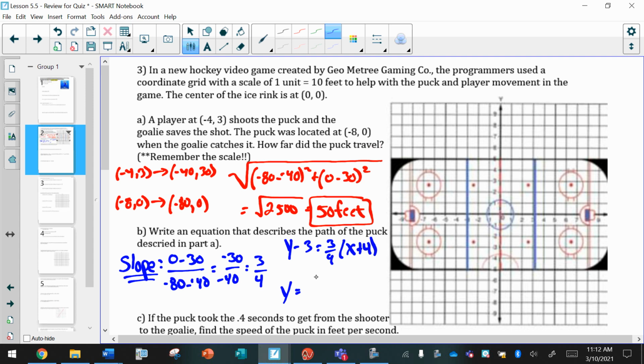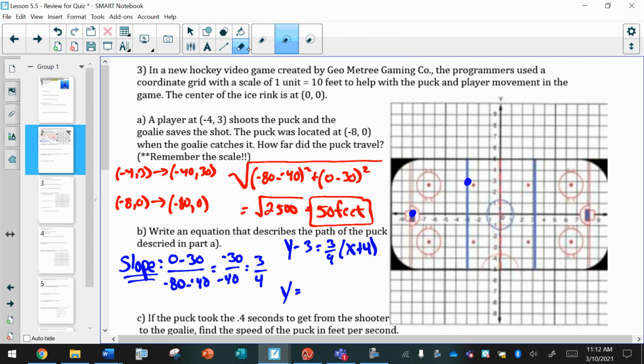So we could have gone over to the graph, plotted the point -4, 3, and the point -8, 0, and figured out that our slope is up 3 over 4, and then try to figure out our y-intercept from there.